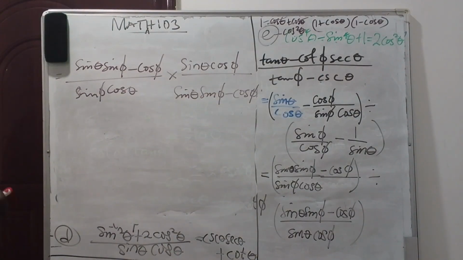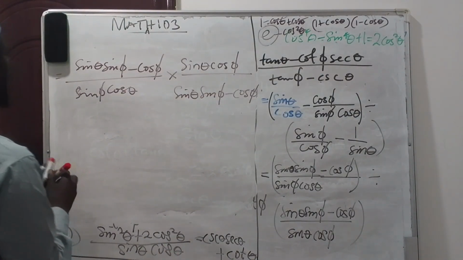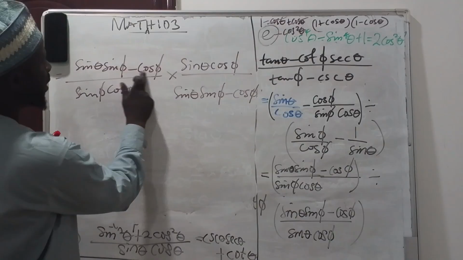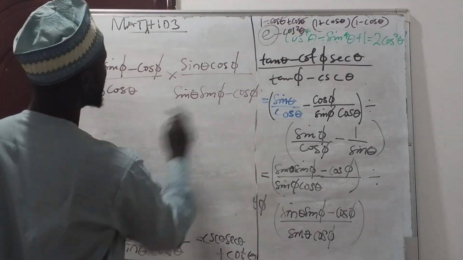So if you look at this, what we have here is sine theta sine phi minus cos phi, sine theta sine phi minus cos phi.